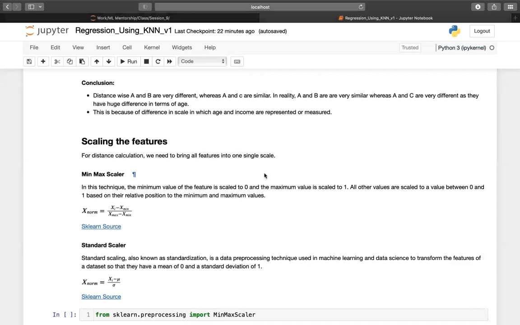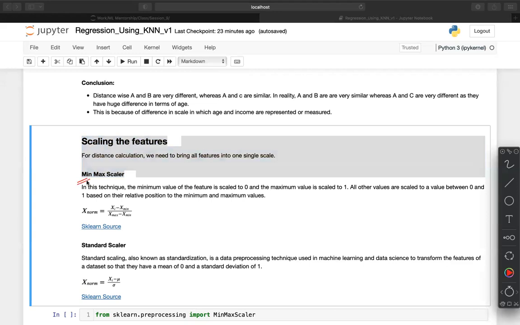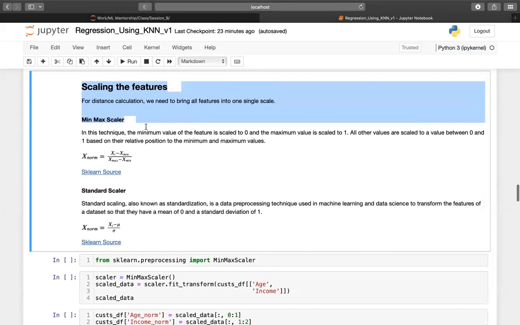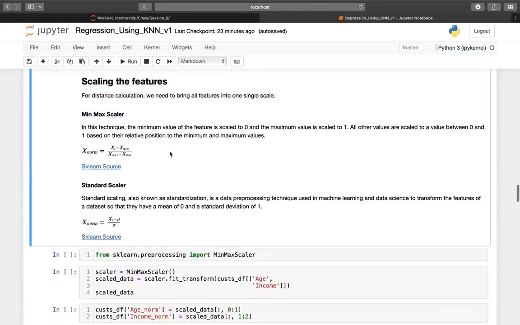So then what different scaling techniques are there? One is called min max scaler and the other one is called standard scaler. These are two important techniques that are used for scaling the features.